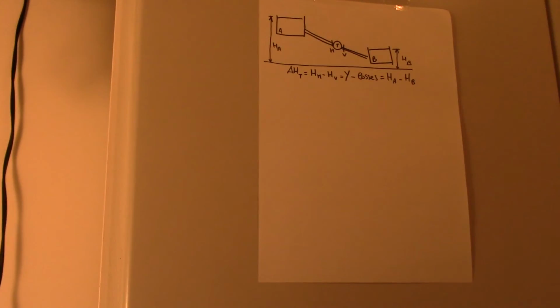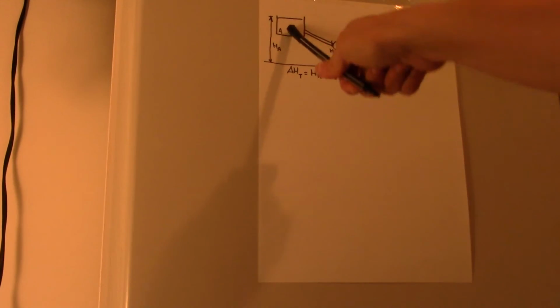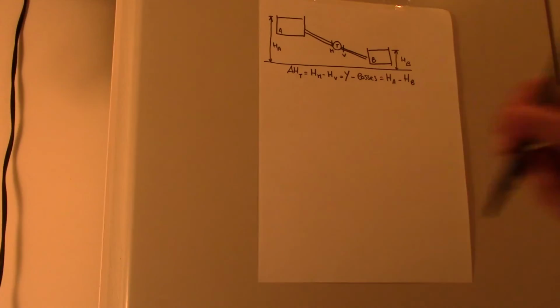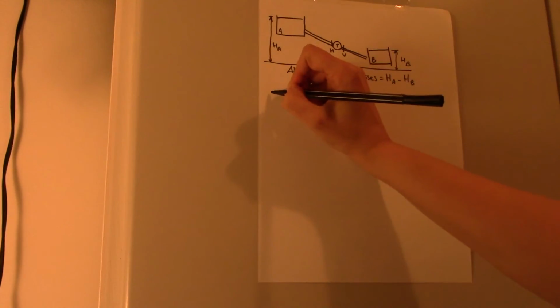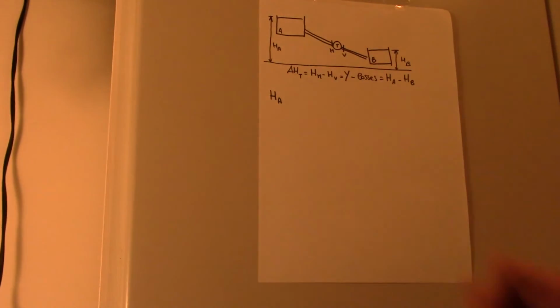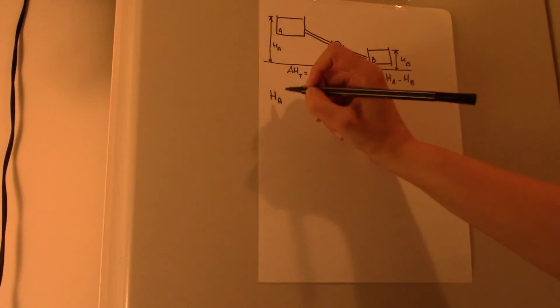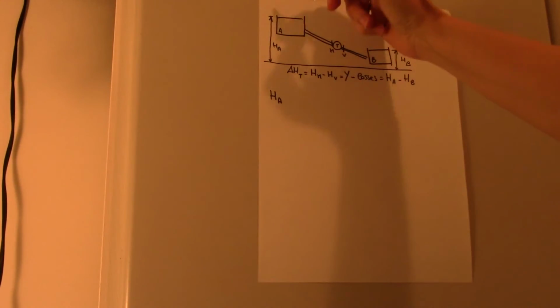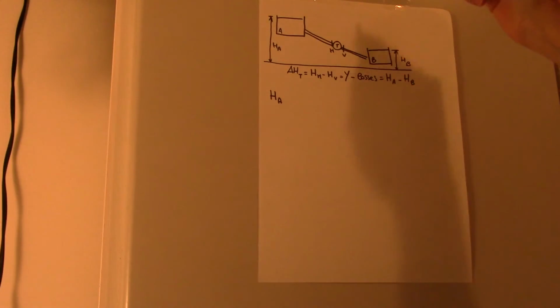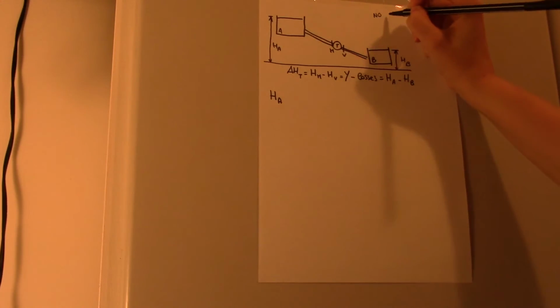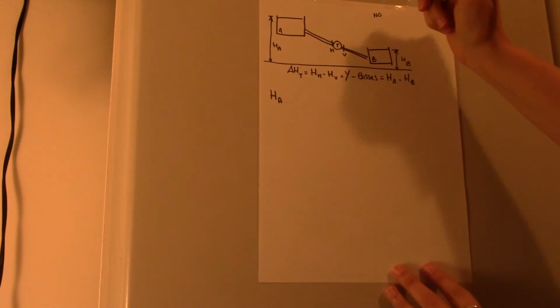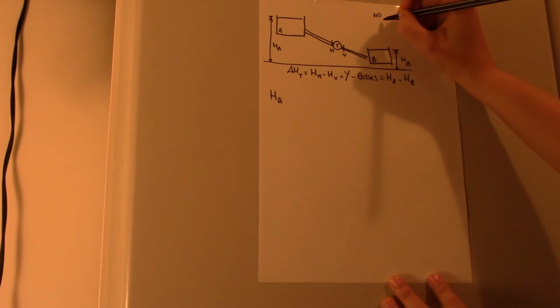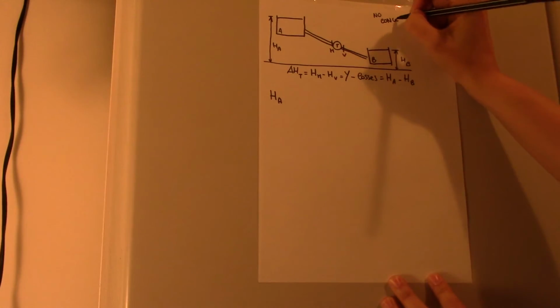That basically consists in writing Bernoulli's theorem from point A to point B. So I am the flow and I want to move from tank A to tank B. From tank A to tank B I find the total head in tank A. Then, for example, we are not considering the concentrated losses.